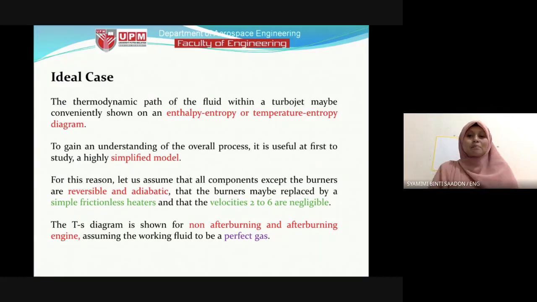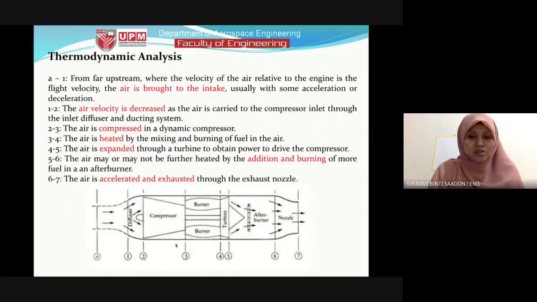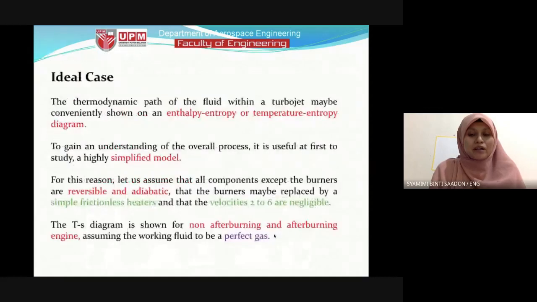The burners may be replaced by simple frictionless heaters, and the velocities from 2 to 6, the locations just now, are negligible. So all components are considered isentropic except the burner or combustion chamber. We use a simple frictionless heater, so we still assume that the burner is frictionless. There's no friction.